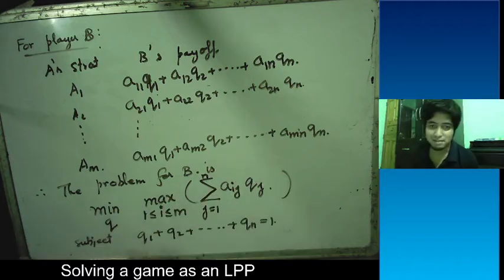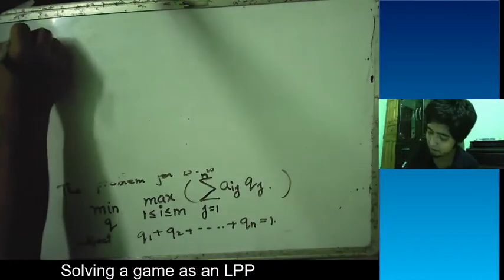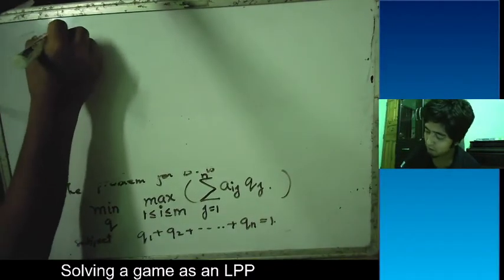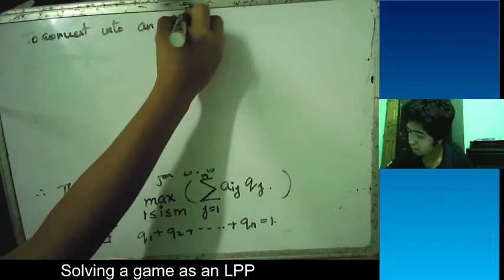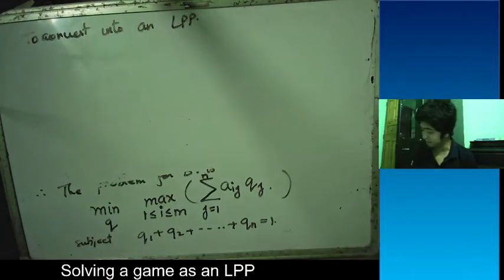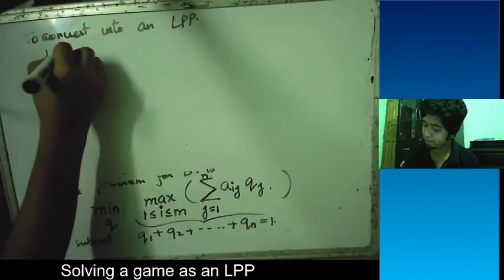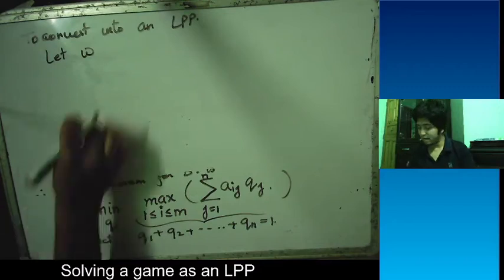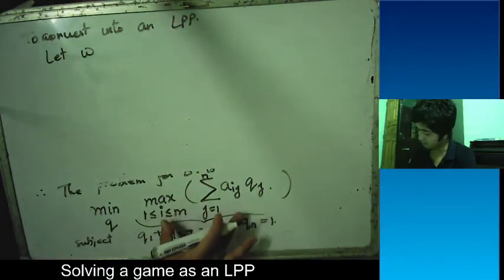Again, this one is not an LPP. To convert it into an LPP, again, we are writing the same thing. We will replace this whole thing by W. You can use another letter, it's no harm. Replace it by another letter.